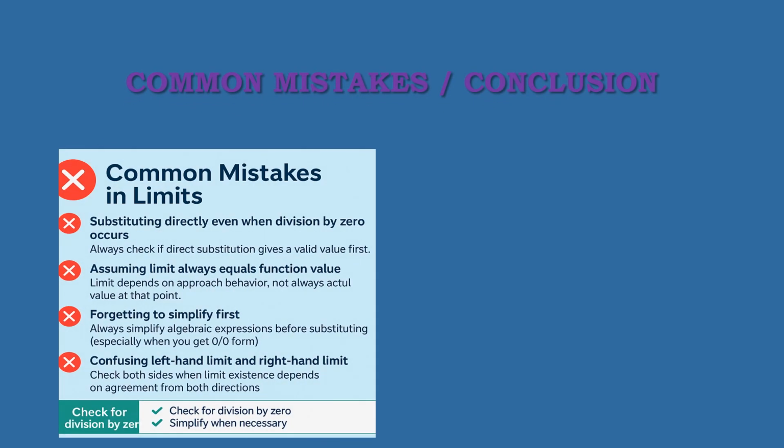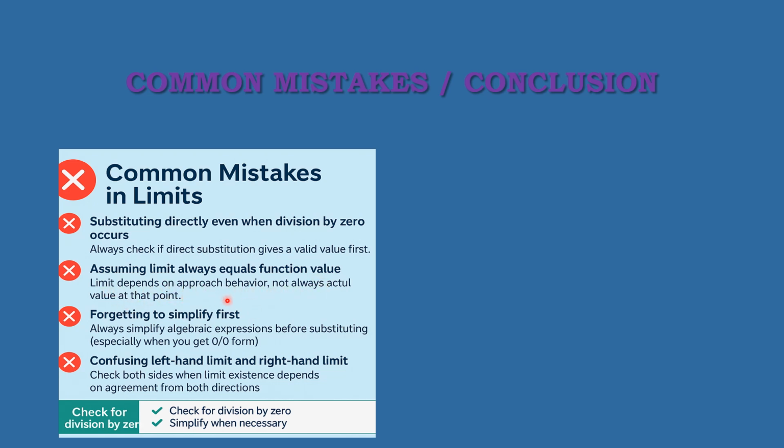We have some common mistakes that students normally make when it comes to understanding limits. One is substituting directly even when there is division by 0, that is, when there is an undefined expression. So always check if direct substitution gives a valid value first before you continue to find the limit of the function. Another is assuming the limit always equals the function value.